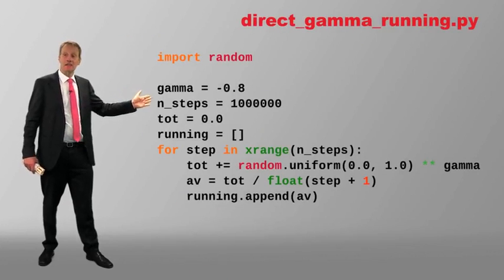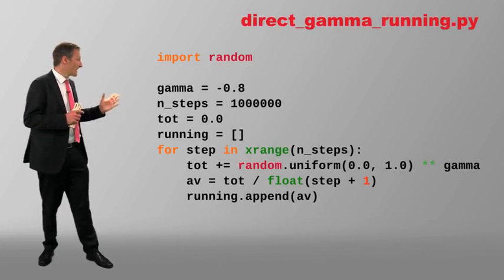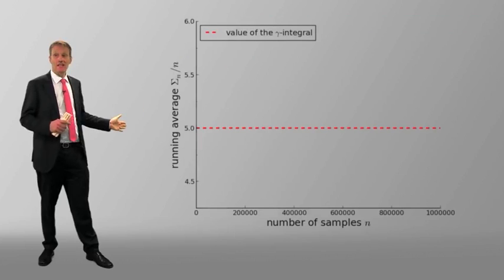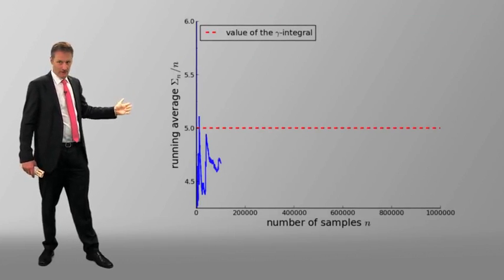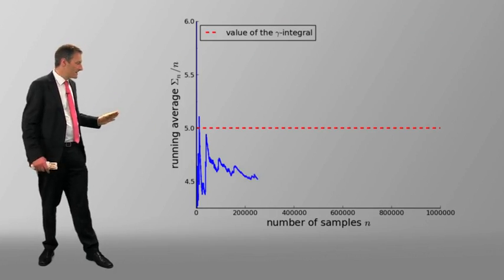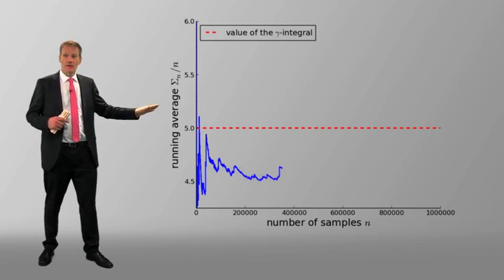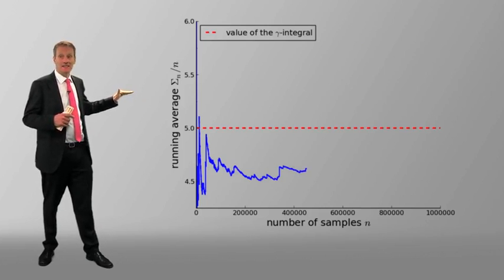This gives directgamma_running.py. The output of directgamma_running.py is shown here. You see that initially we have very unpredictable results, and then for a very long time the simulation zeroes in on a result which is different from 5, the exact value.